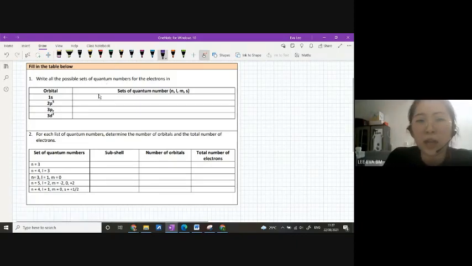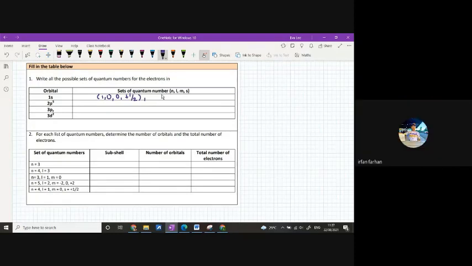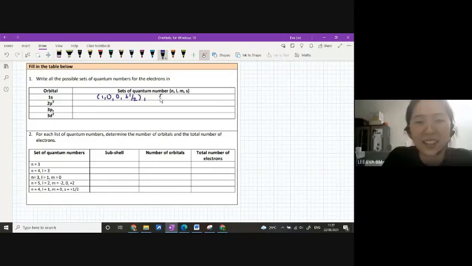So this one I won't ask you to submit in the Google Classroom. So discuss over here, then you can record straight away. 1, 0, 0, positive half. And what is about another set? Sama, cuma tukar negative half. Okay, sama sebab N dia value L, L sebab S shape dia kosong. N follow. And we change the spin of electron to become negative half.